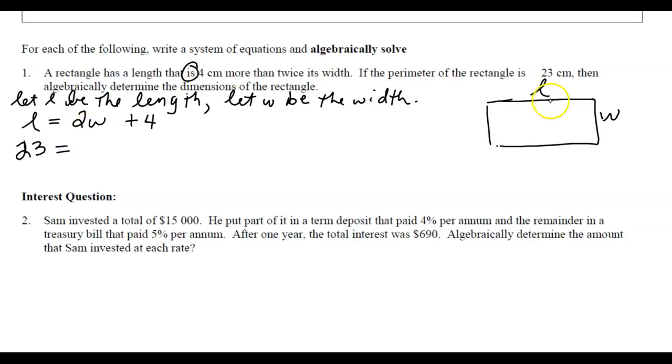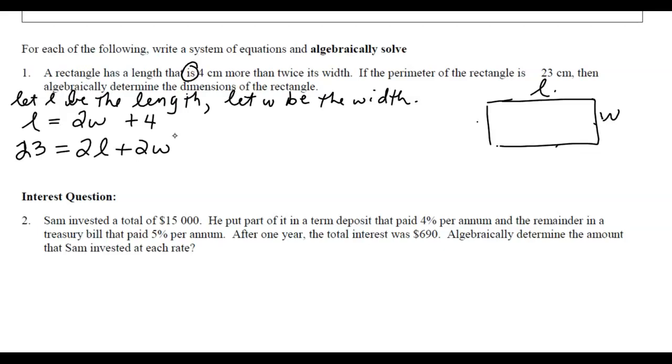And the perimeter is made up of 2 L's and 2 W's. Now you could have 2 bracket L plus W, but we'd expand the bracket anyway. Okay, so based on this equation, I've already got one equation that's solved for L.